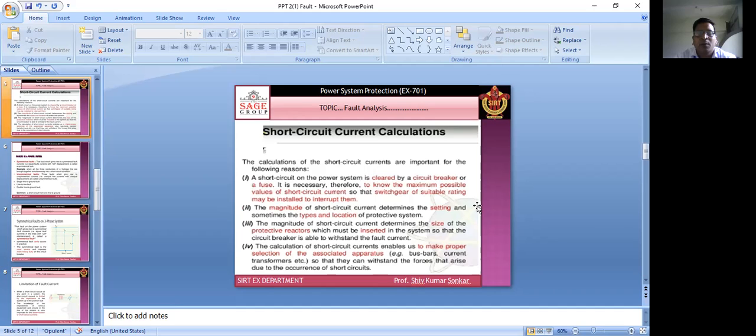Third, the magnitude of the short circuit current determines the size of protective reactor which must be inserted in the system so that the circuit breaker is able to withstand the fault current. And fourth, the calculation of short circuit currents enables proper selection of associated apparatus like busbar, current transformer, etc.